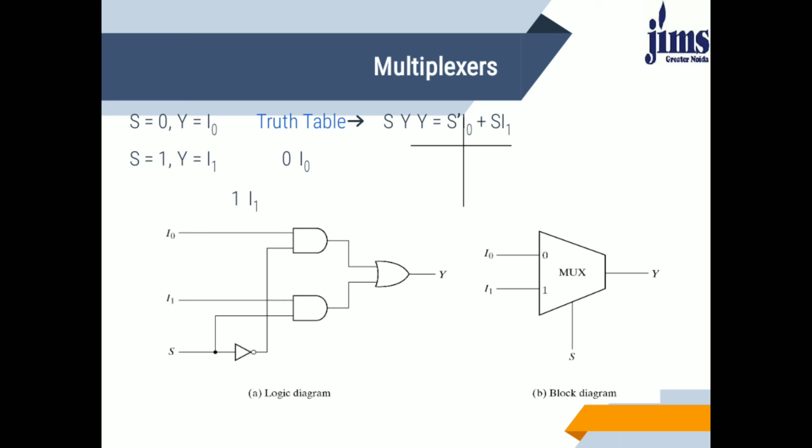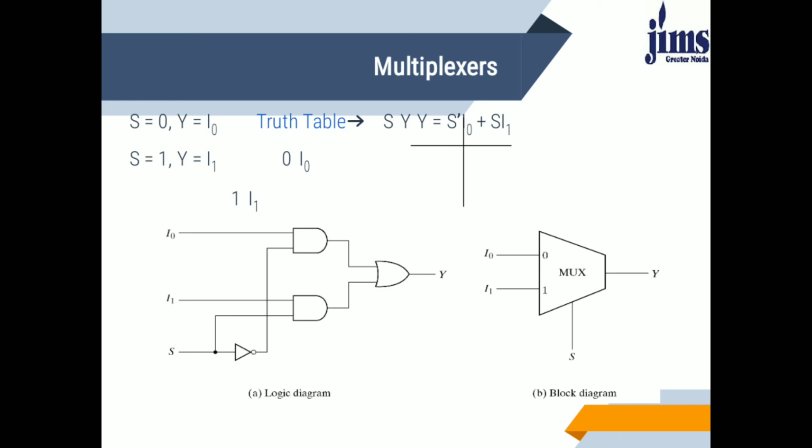So, if S equals 0, the output will be the first input. If S equals 1, the output will be the other input. So, if we wanted to write a truth table, we will see that the output depends upon the selection line. Now, you can check from this circuit diagram.